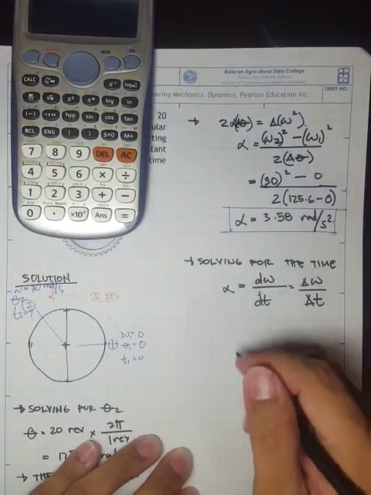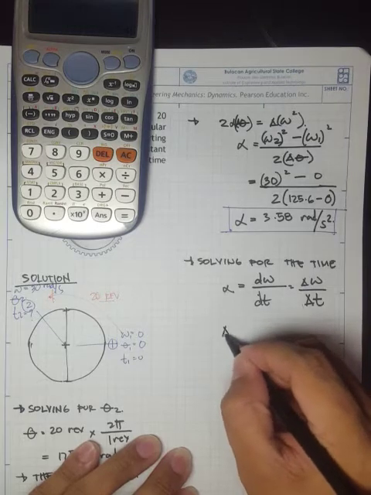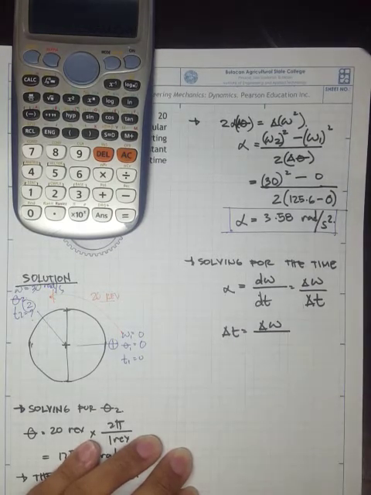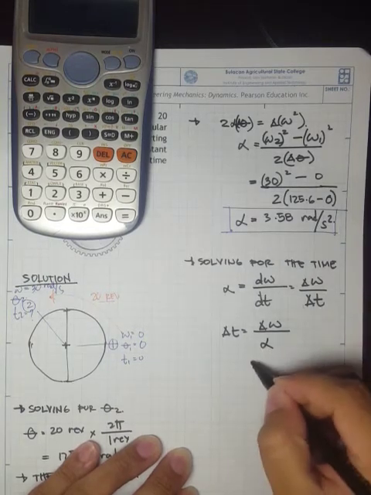So delta t is equal to the change in the velocity divided by the acceleration.